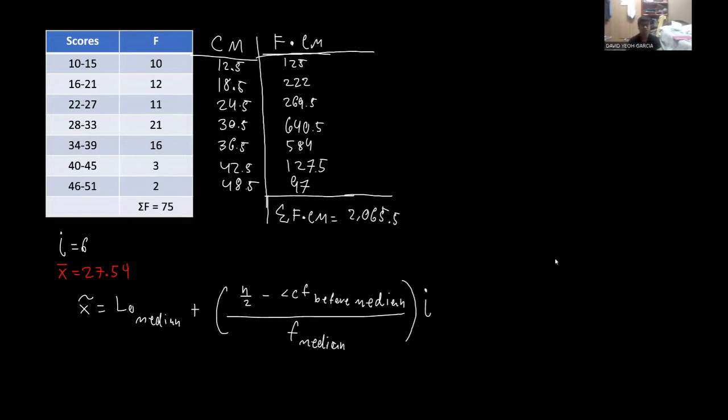So before that, the first thing we need to do is make a column for less than cumulative frequency. How would you make it? We're going to start at the frequency of the class interval that has the lowest values.